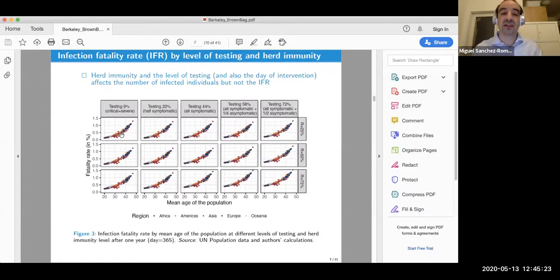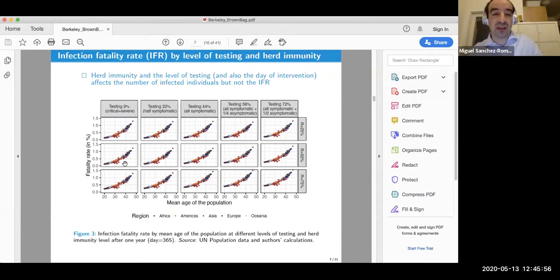What we are seeing in this figure is exactly the same figure as before, but now the columns represent the different levels of testing. So 9% corresponds to only testing individuals with critical and severe symptoms. This other one is only half of the symptomatic individuals, and so on and so forth, as you can read here.